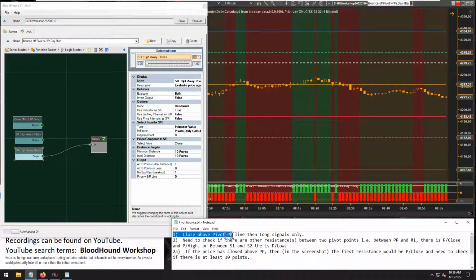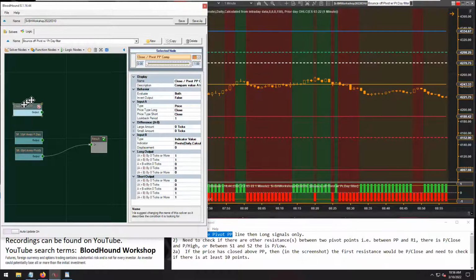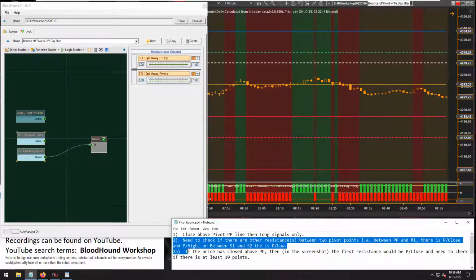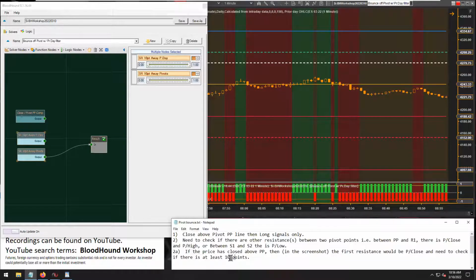The first solver takes care of rule number 1, this comparison solver. And then these two support resistance solvers take care of rule number 2 and 2A, making sure that there's that 10 points of clearance before trading into any of the support resistance lines.